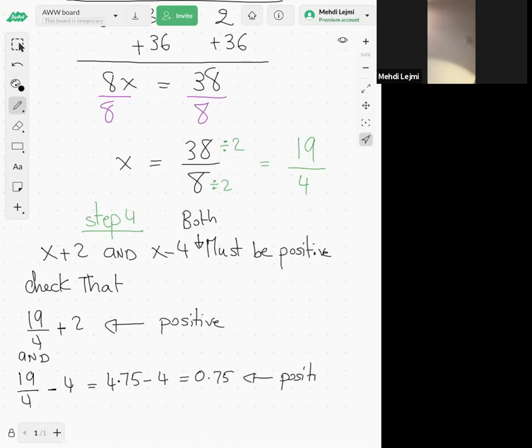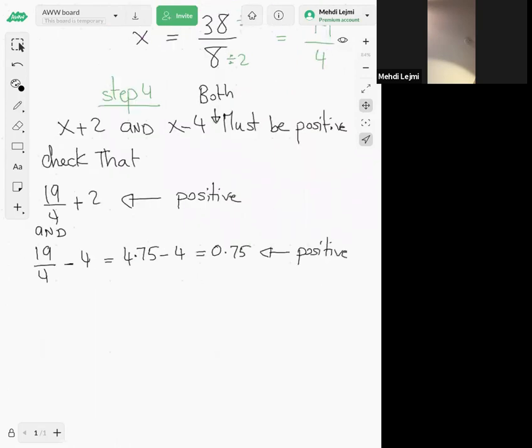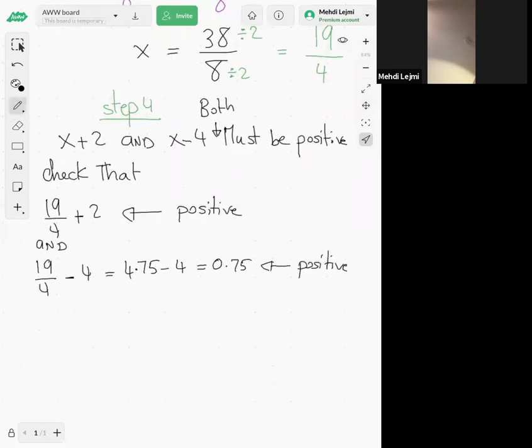Okay, so you see here in this case, guys, both are positive, so then this 19 over 4 would be a final solution. Okay, so then the answer x equal to 19 over 4 is the solution.